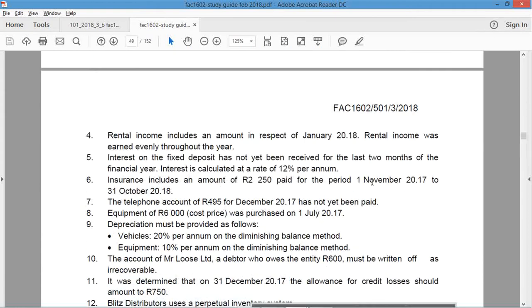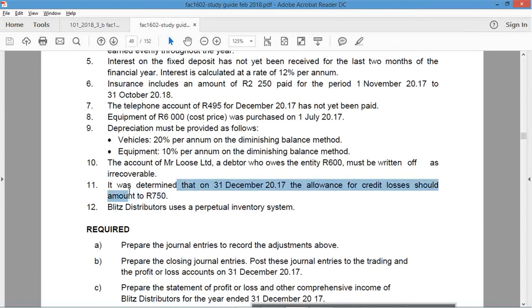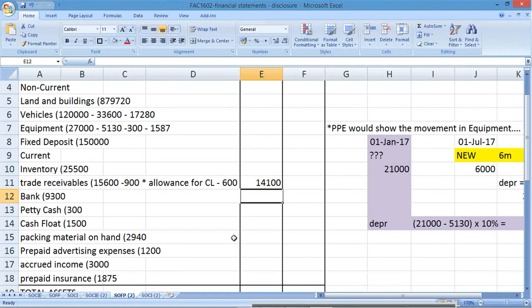What do you want the allowance to be? It needs to increase to 750. Not increase. It needs to decrease. So then allowances for credit losses will be debited, because it's decreasing. Okay, so that's fine, as long as you knew what the original balance was. Okay, so 900 needs to come down to 750.